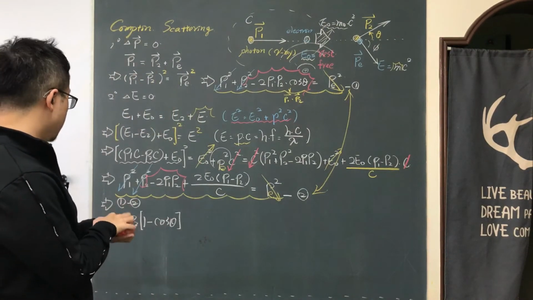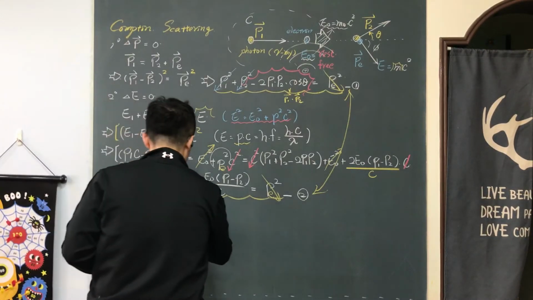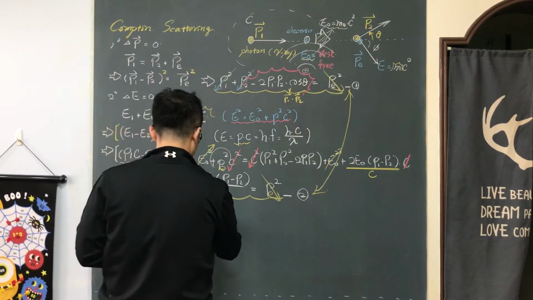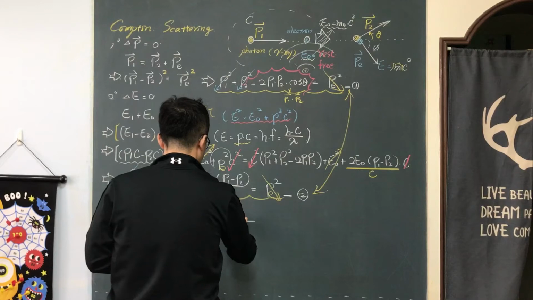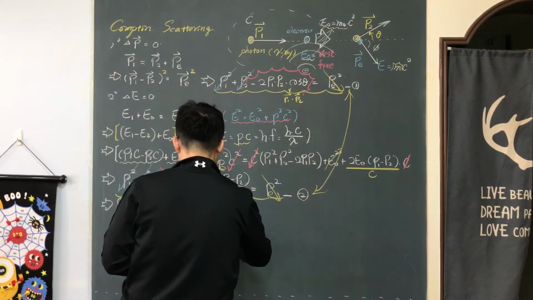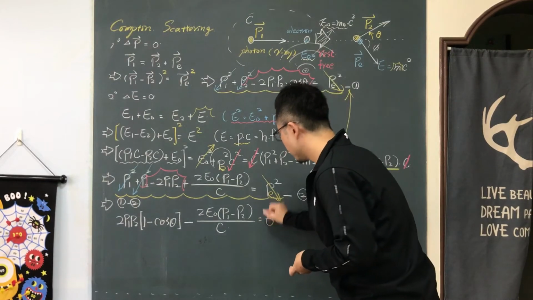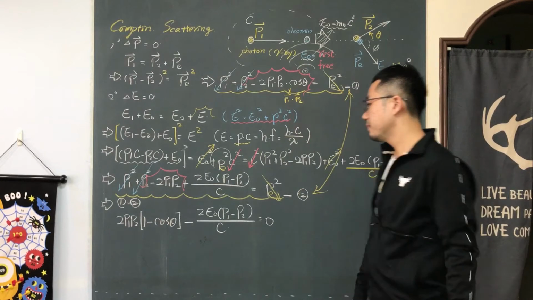So good. And minus 2 times E naught times P1 minus P2 divided by c equals 0. Actually, I can move this term to the right hand side.